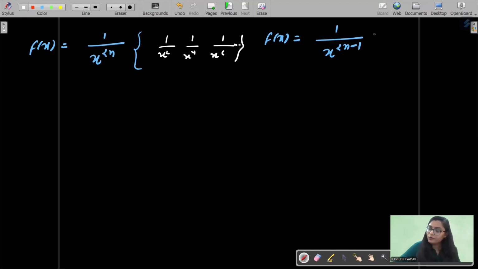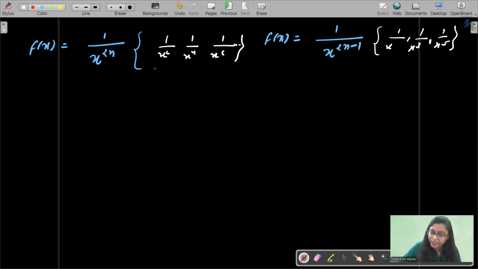For the second function, the powers become 2n minus 1: it means 1 upon x, then x cube, next one x to the power 5.